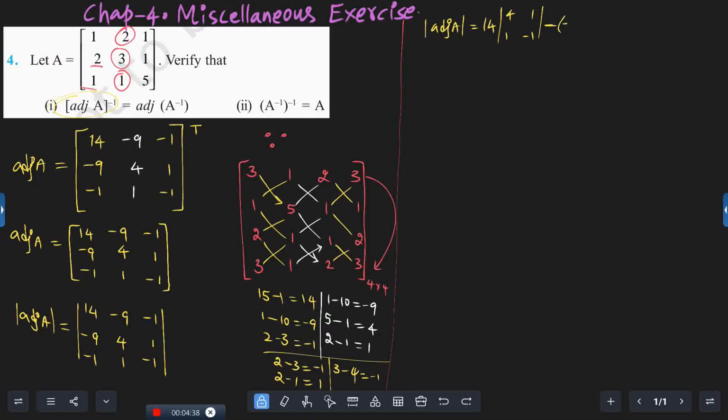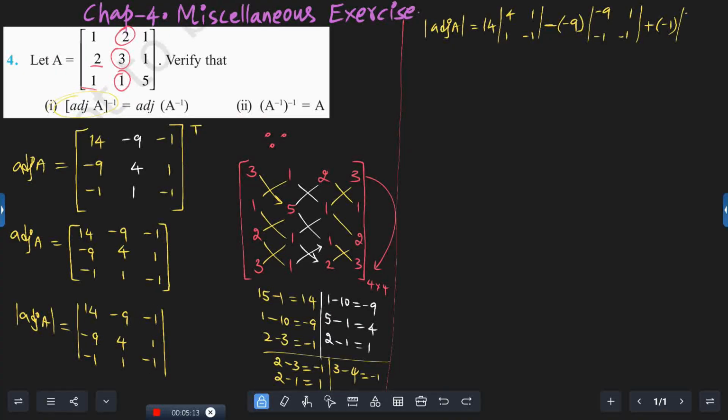So minus of minus 9 times, and that column and row if you cancel, minus 9 1 minus 1 minus 1 you will be getting. Third element, plus, third element we have minus 1. So that minus 1 times, row and column if we strike, what I am getting? Minus 9, 4.